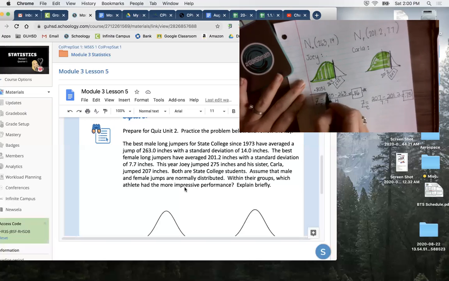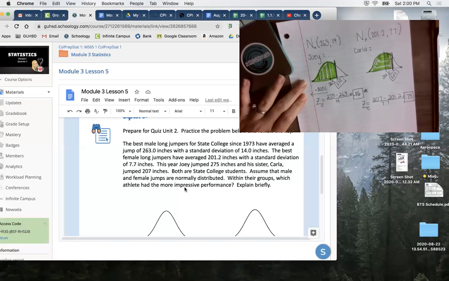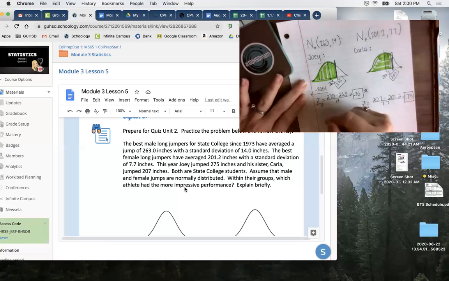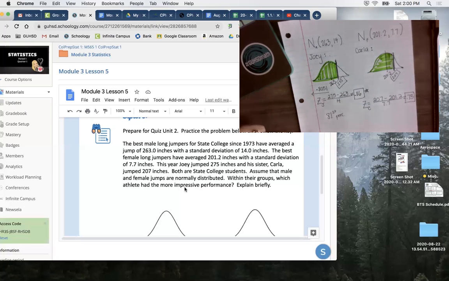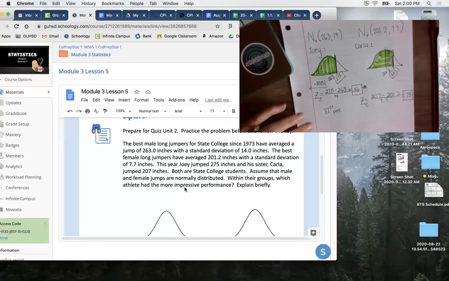That's always the area to the left, which means he's in the 81st percentile, which is great. That means he jumped as well as or better than 81% of people.